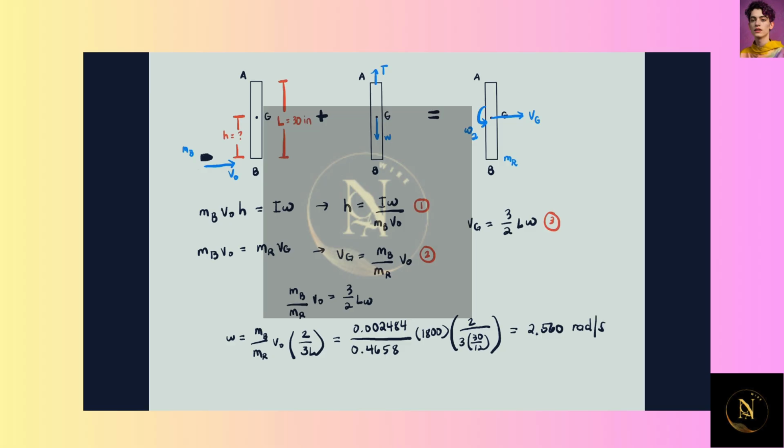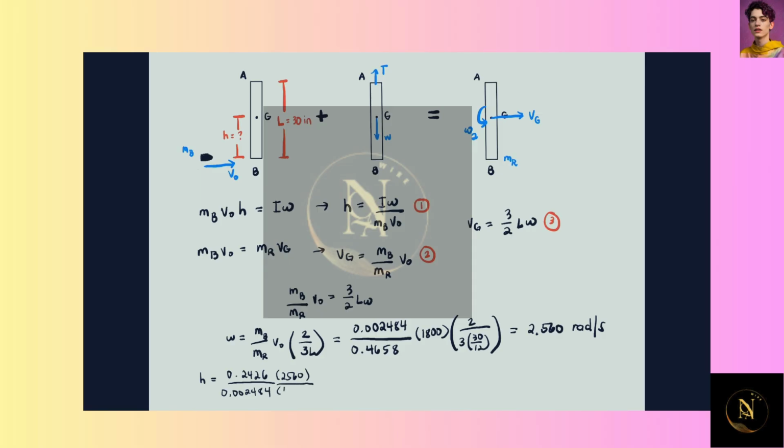Now we can solve for h from equation 1, since we now have the value of omega. h is equal to 0.2426 over 0.002484 times 2.560 over 1,800.